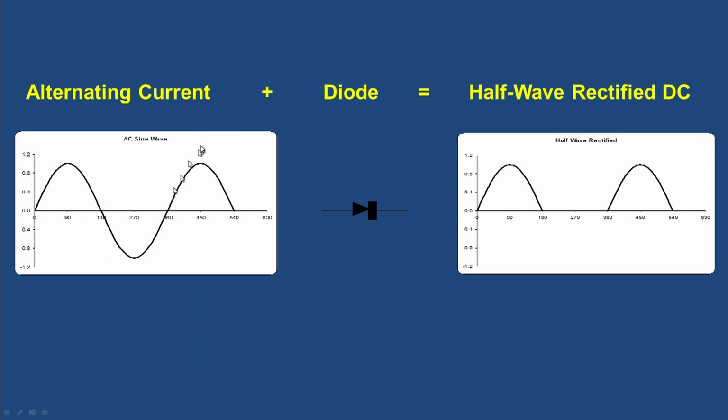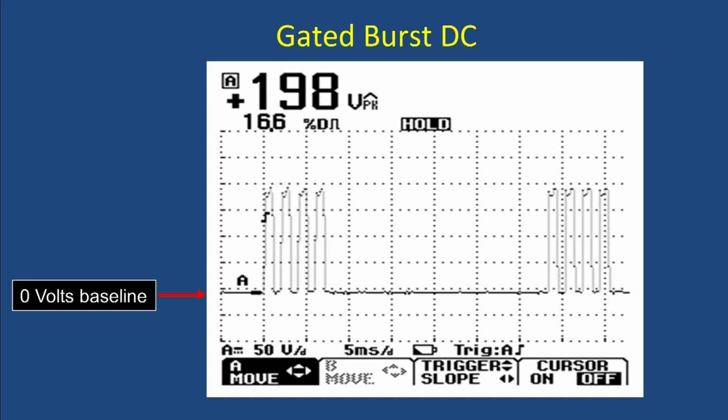So just imagine a sine wave going through and passing through a diode in your control box, and then you get this half wave rectified DC, and that's how the GPPs work for outputting direct current, pulse direct current.